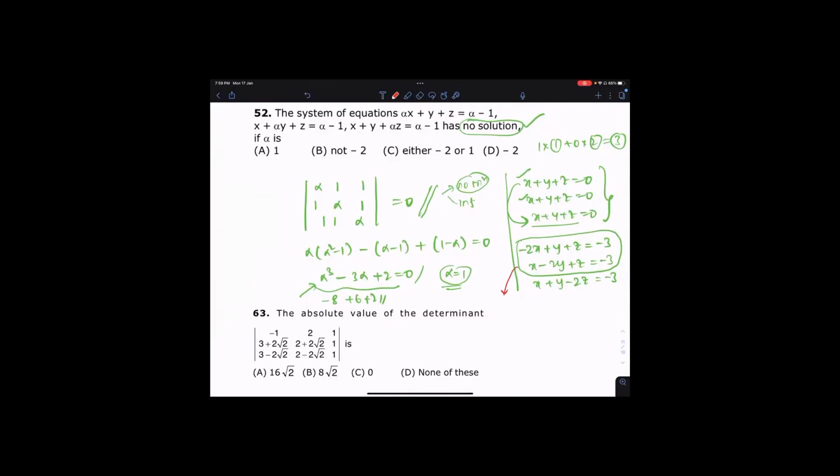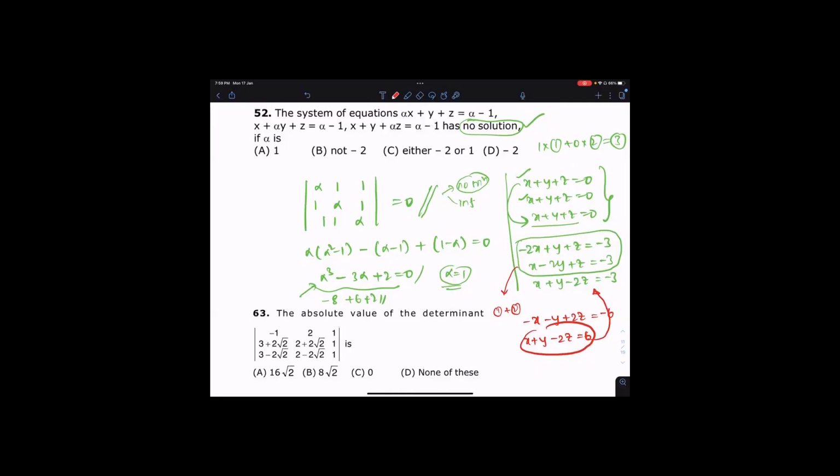Automatically z coefficient will be matched. Simply just add first and second. If I add first and second, I will get -x minus y plus 2z equals -6. If I multiply by minus sign, I will get x plus y minus 2z equals 6. Is it matching with the third equation? No.